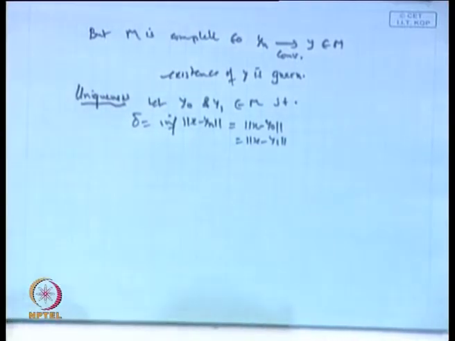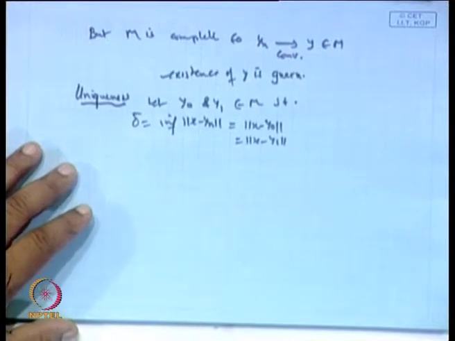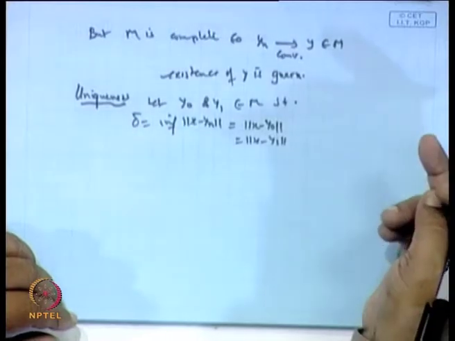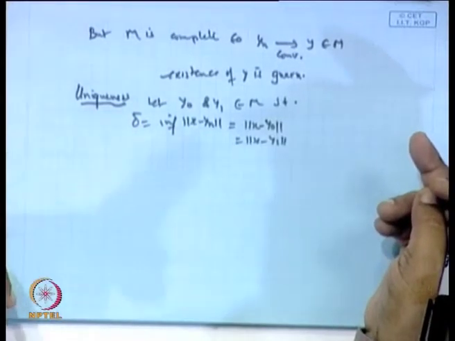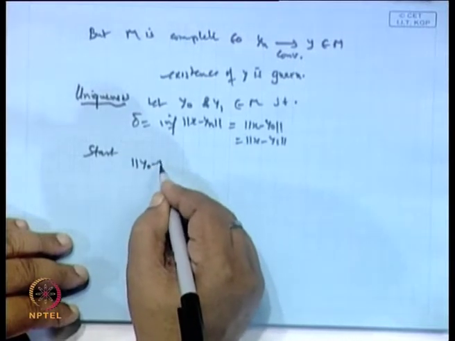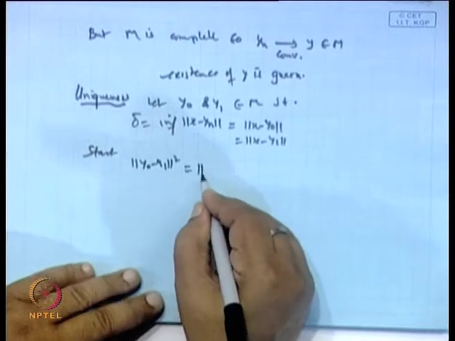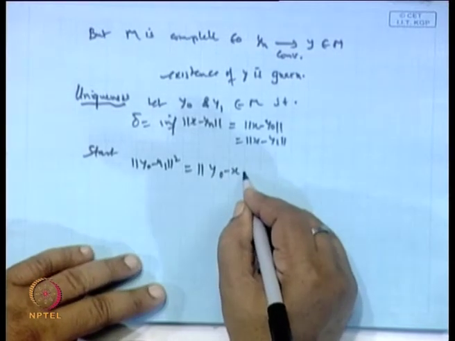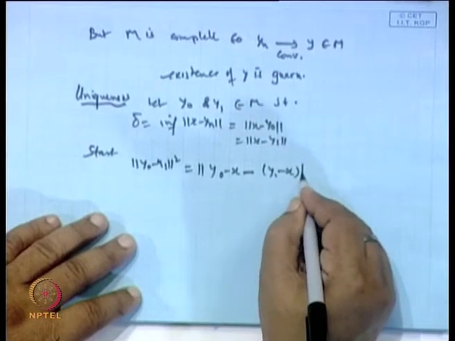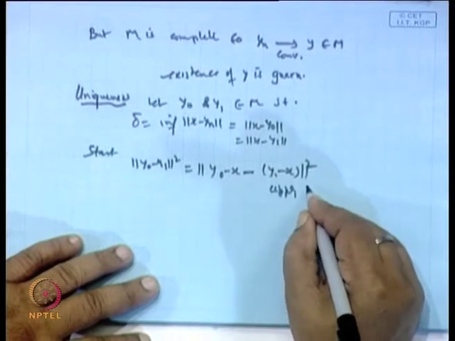Suppose there are two points y 1 and y 2 where the infimum exists. If it is unique, then y naught should be equal to y 1. So, we start with norm of y naught minus y 1 whole square, and this can be written as norm of y naught minus x minus y 1 minus x square, and again apply the parallelogram law.